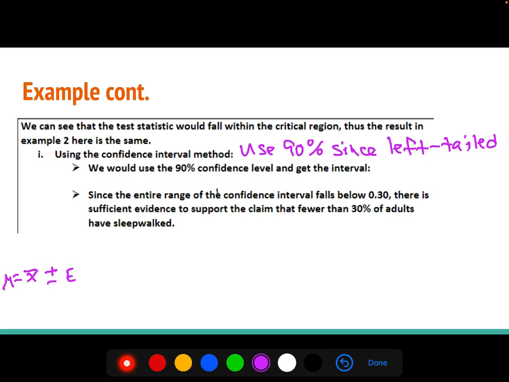So in this case, I get 0.292 plus or minus 0.005, and that's going to give me a confidence interval of 0.287 to 0.297. That's what we get right there.